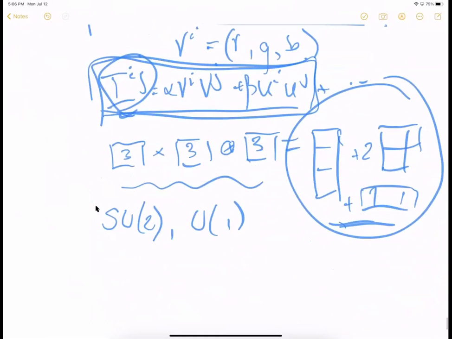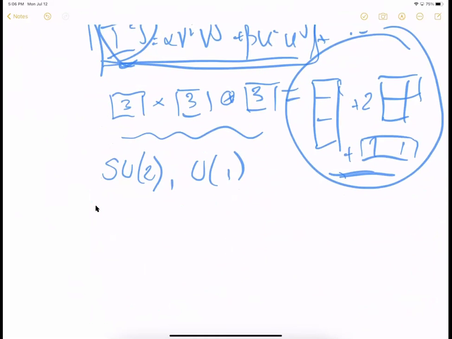Now, for SU(2), the basic representation is a pair. So the weak interaction is always going to be acting most fundamentally on these pairs of fields. But there are scalars.